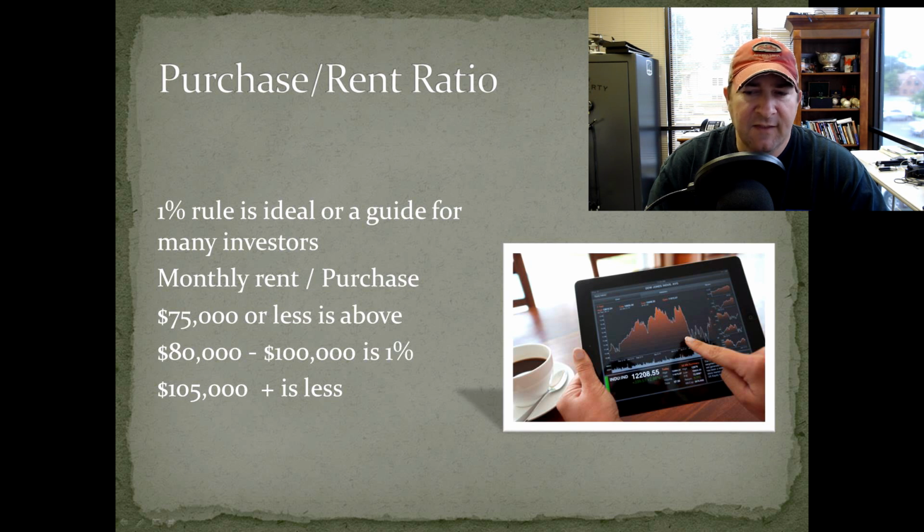Houses in the $80,000 to $100,000 range, usually you're slightly over 1% or right at about 1%. When you start moving up in price, say $105,000 or more, at least from what I've seen from other operations like ours, the 1% rule starts to fall under 1%.